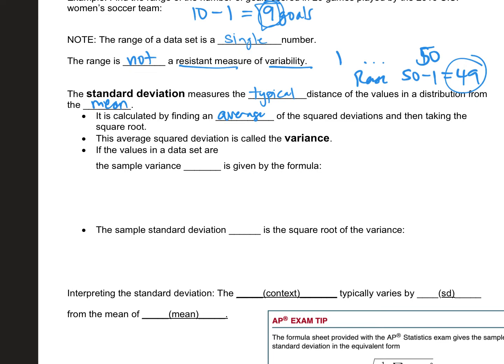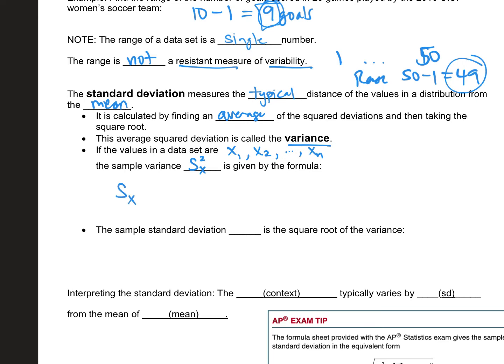This might sound kind of weird at first. We're going to talk about this. The average squared deviation is called the variance. If the values in a data set are x1, x2 to xn, the sample variance, which we call S sub x squared, is given by this formula.